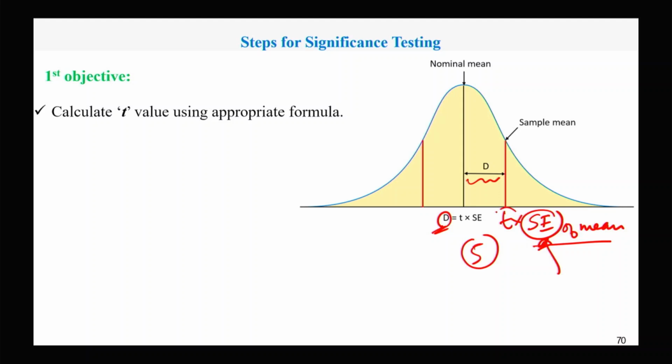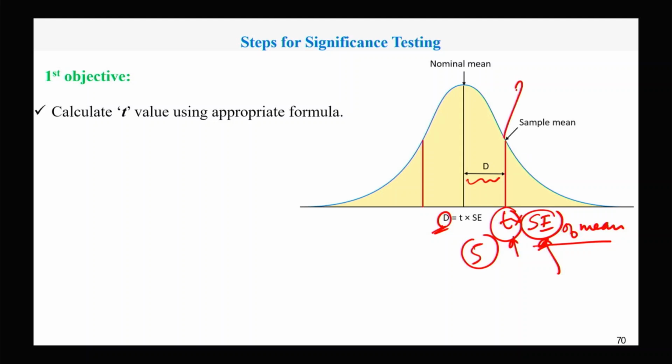But T is a standard value. Like in the normal distribution we saw 1, 2, 3, these are the standard levels. T also has standard levels, and the T value is available for different levels of confidence. For higher confidence the T value is higher.